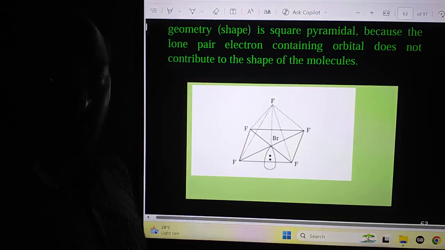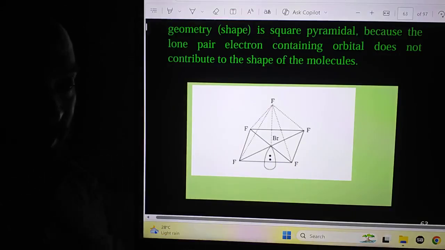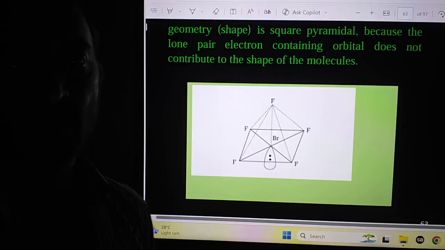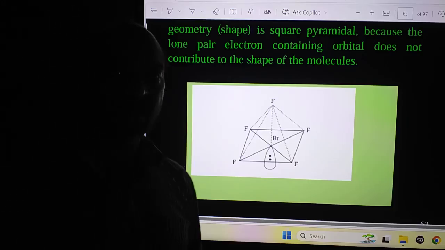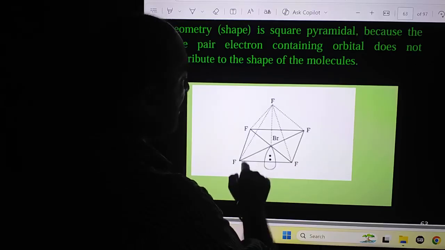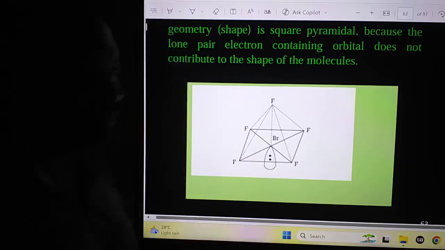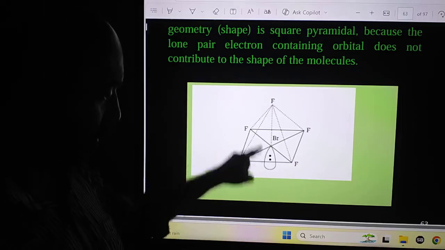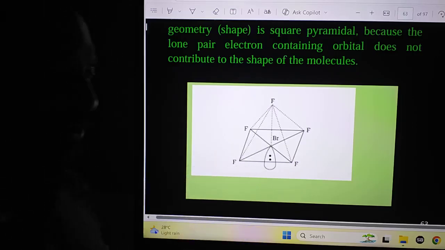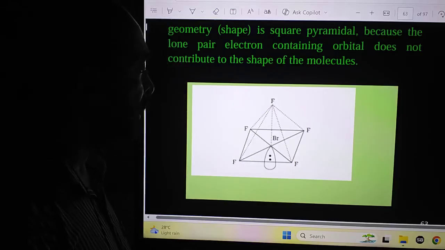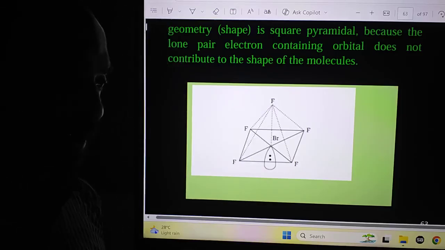When the structure is considered, also called electron pair geometry, we have to consider the lone pair also. Then it will be distorted octahedral. Instead of fluorine, we have one orbital containing a lone pair, so there will be slight distortion to the remaining part of the molecule.